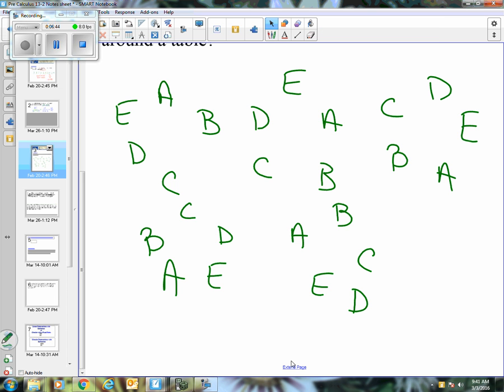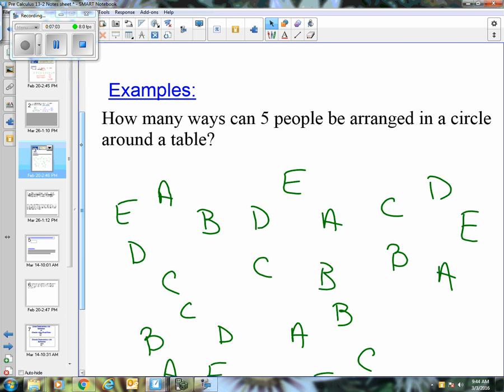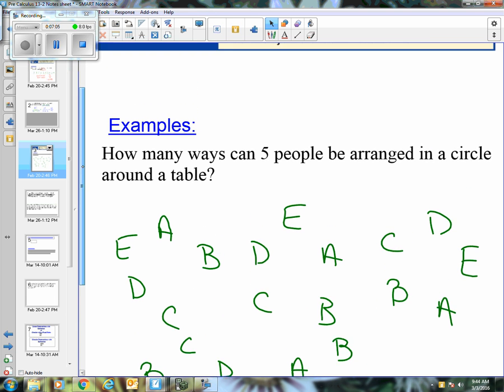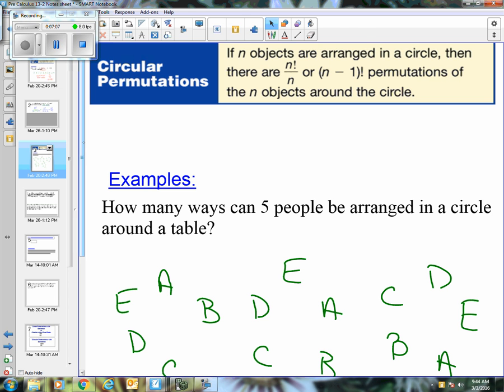So all 5 of these orientations or rotations are all the same ordering of people. If we counted all of these, we're counting the same grouping of people in the same order 5 extra times. So when we think about circular permutations, it's not just the same as putting 5 people in a line, or 5 factorial.